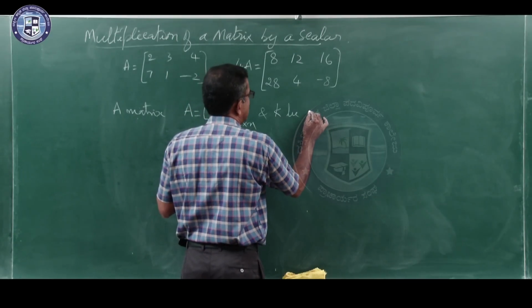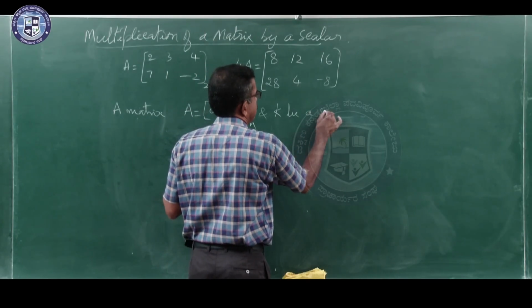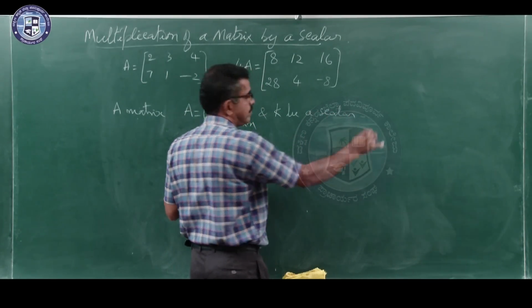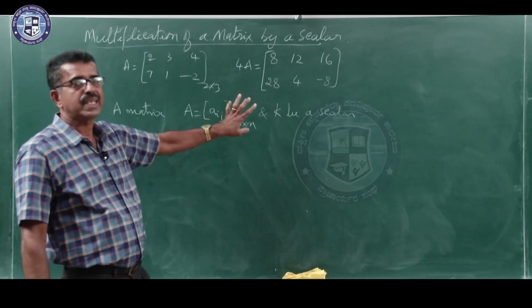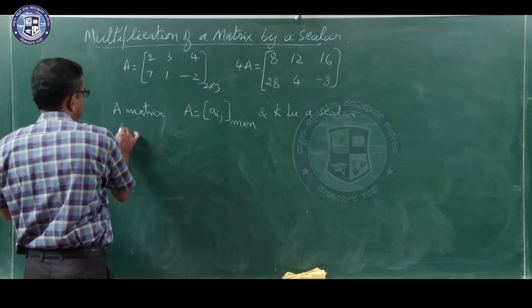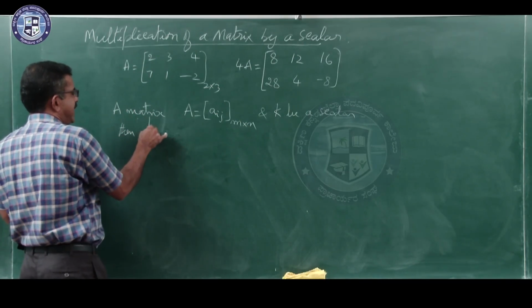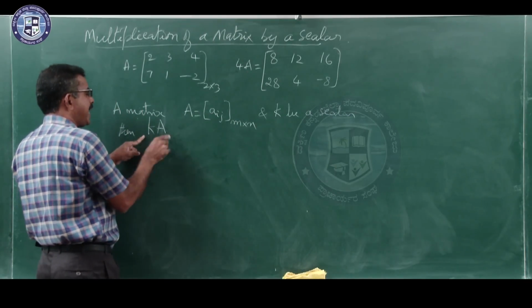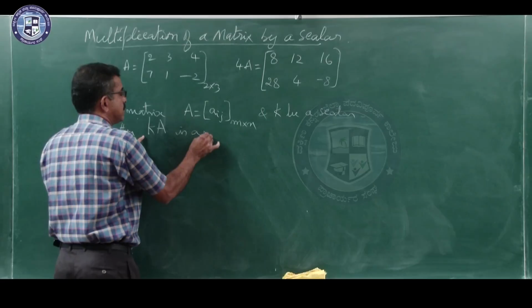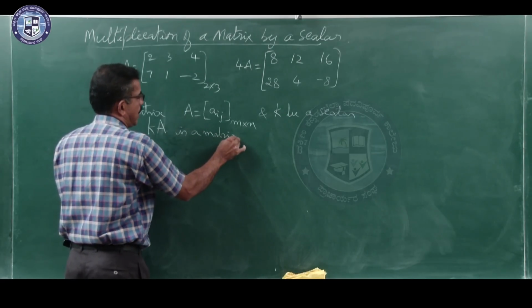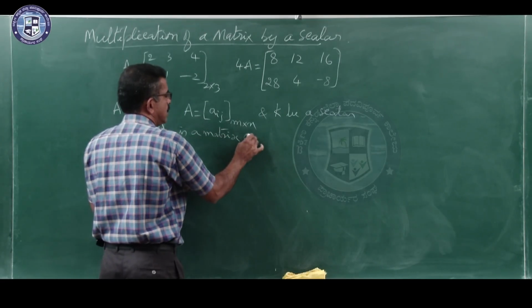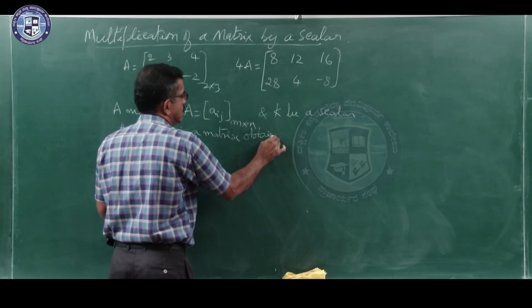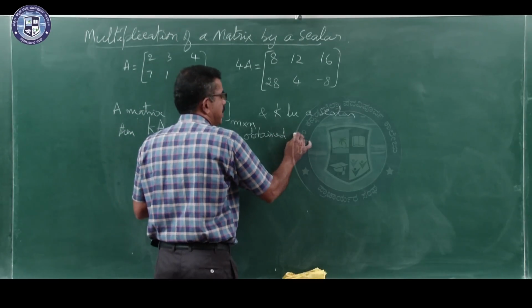Any scalar means any real number. Capital K be a scalar. Then K into A, as I mentioned here, 4 into A, is a matrix. How is that matrix obtained? It is obtained by multiplying.